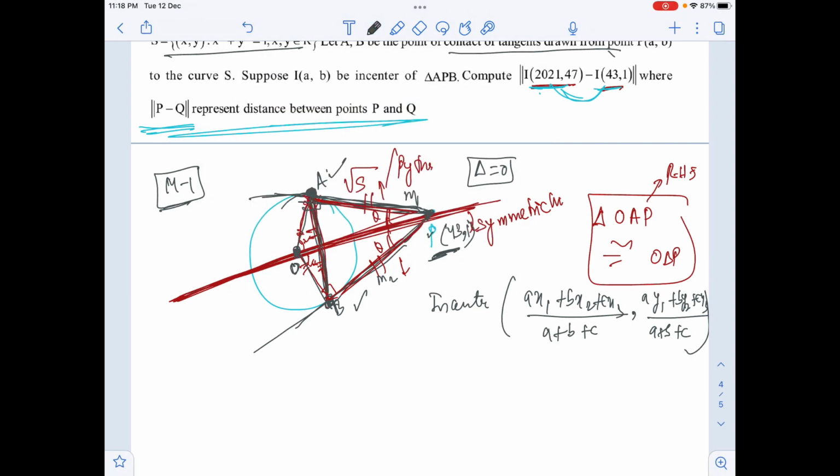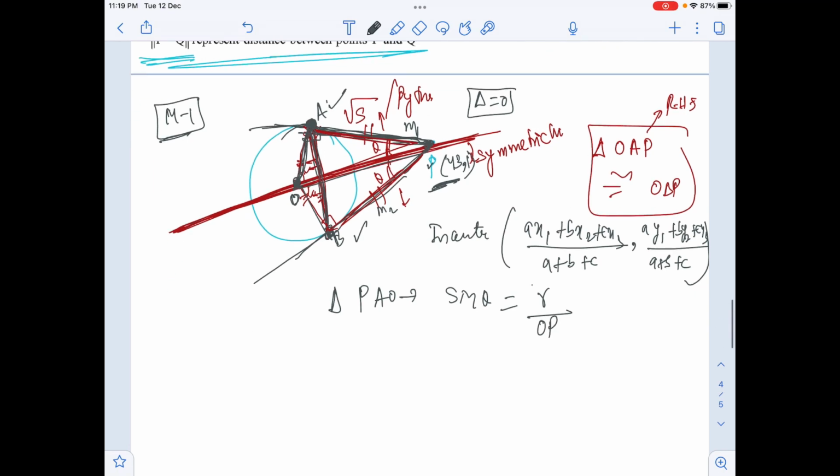Now how to get AB, chord of contact का length कैसे find करें? Chord of contact भी इतना tough नहीं है, क्योंकि आपको ये बड़े वाला triangle में, if I take PAO in this triangle, sin theta we know perpendicular by hypotenuse, so perpendicular is 1 which is radius, let me write a radius, okay, and then you can plug the values, और hypotenuse OP का distance है, तो ये तो आपको पता है.